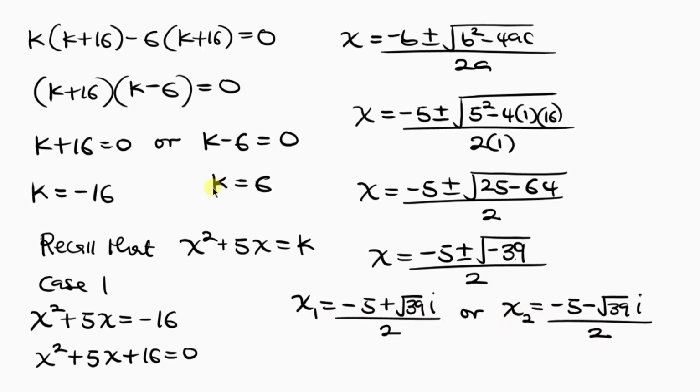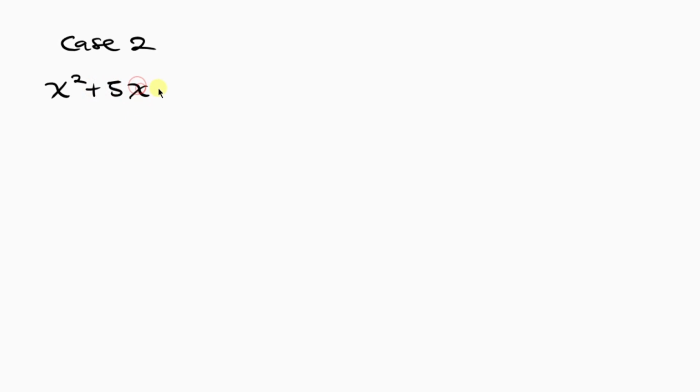Now let's go ahead and focus on the second case, when k is equal to 6. So this is our case 2. For case 2, remember we said that x squared plus 5x is equal to k. For case 2, the value of k is 6. Now let's move 6 to the left hand side so that we have x squared plus 5x.